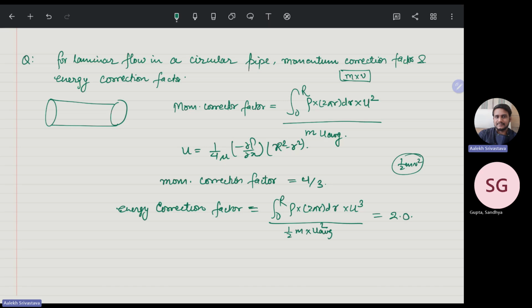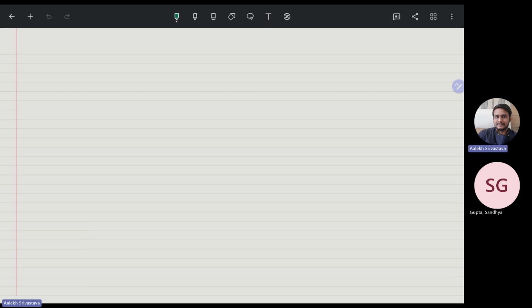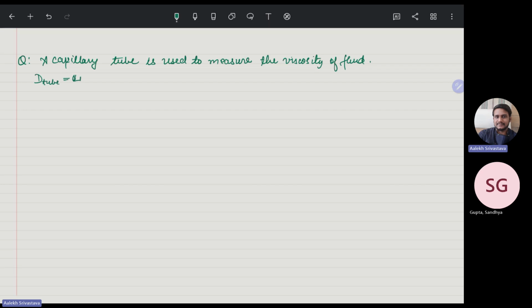So the next question is, a capillary tube is used to measure the viscosity of a fluid, and it says the diameter of the tube is 40 mm.